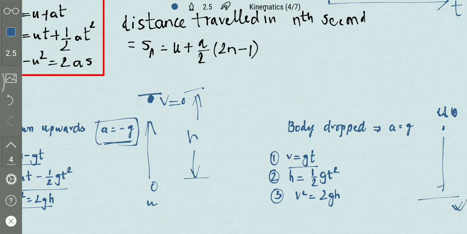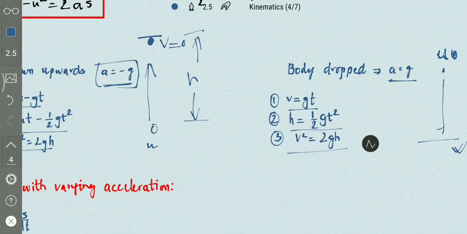So it is accelerating, which means it is acceleration, not deceleration. So a is equal to plus g. Here a is g and u is 0, so v is equal to gt, h is equal to half gt square, and v square is equal to 2gh, since u is 0.